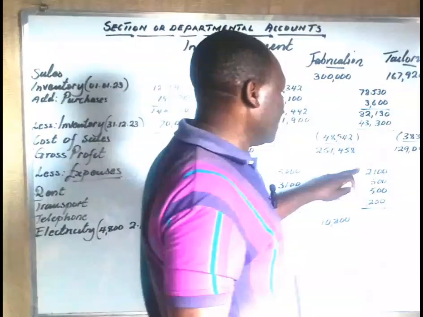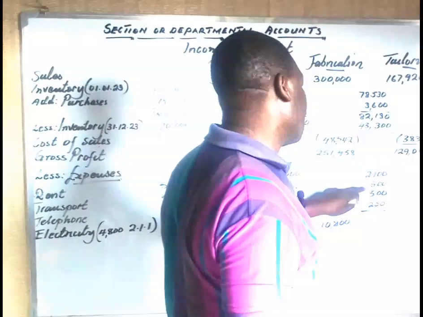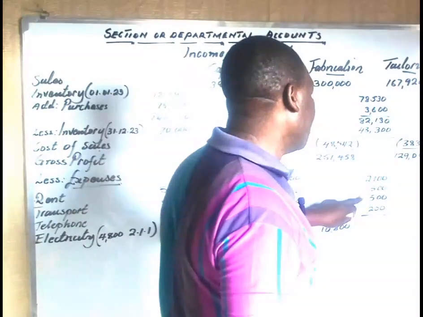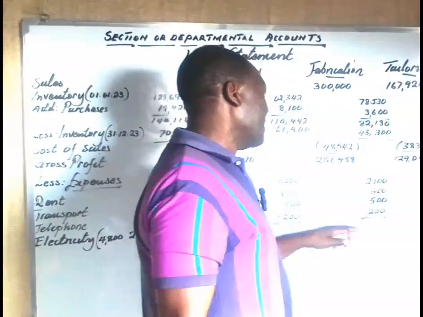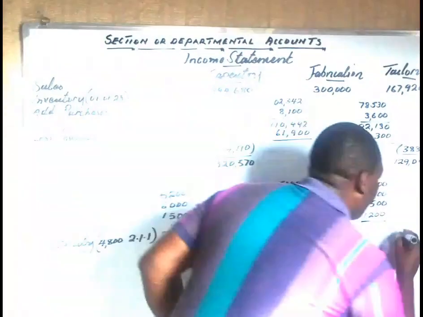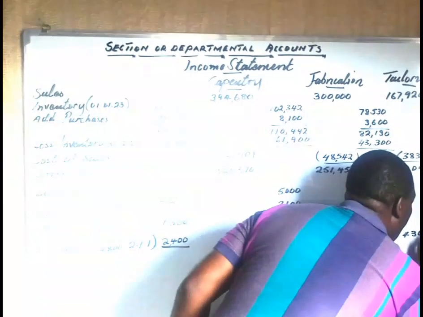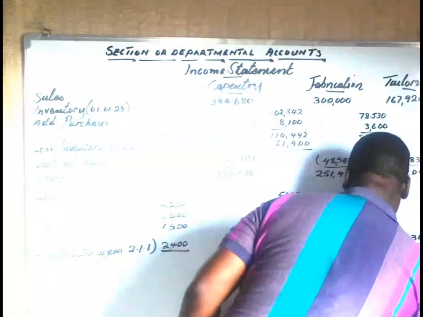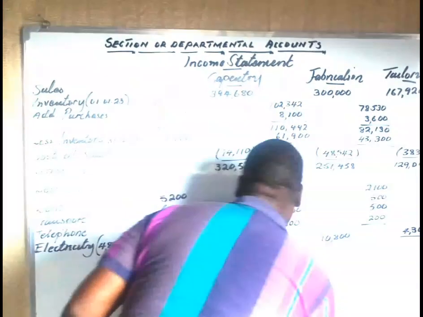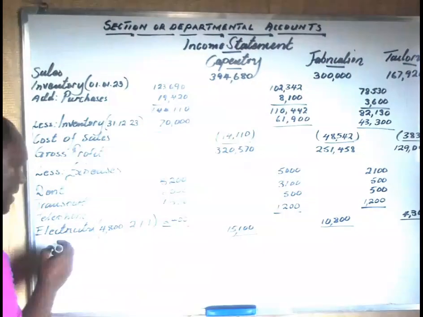We have 2,100 plus 500. It will be 2,600 plus 500. It will be 3,100 plus 1,200. It gives us 4,300. These are called total expenses.